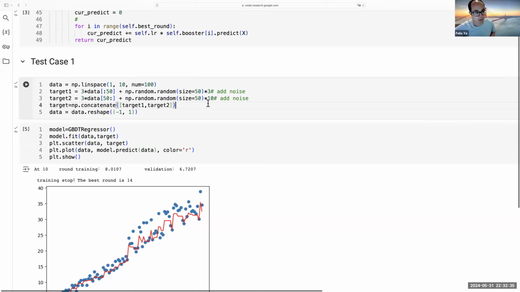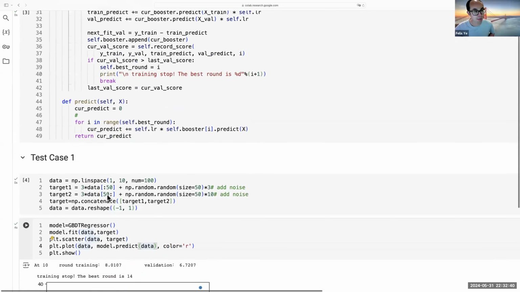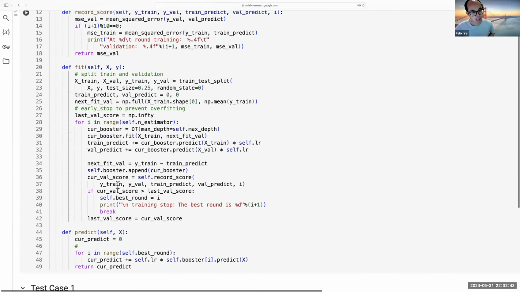We can do some very simple examples. The most important thing right here is that we need to do cross validation and stop early. If we keep adding new estimators, it's possible the validation error starts to increase because your model is getting more and more complicated.